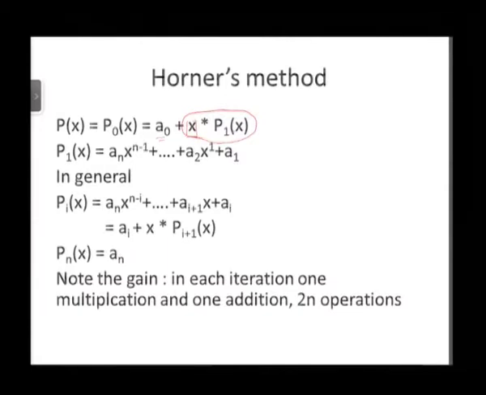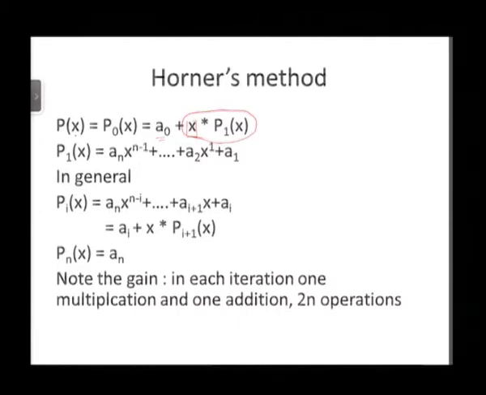In other words, p1 of x is an x power n minus 1 all the way down up to a2 x plus a1. Observe that p1 of x is obtained by taking the first n terms of p of x and taking out the factor x from them.